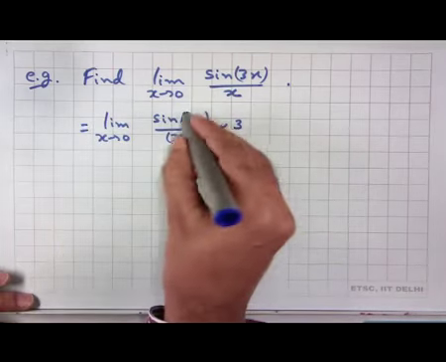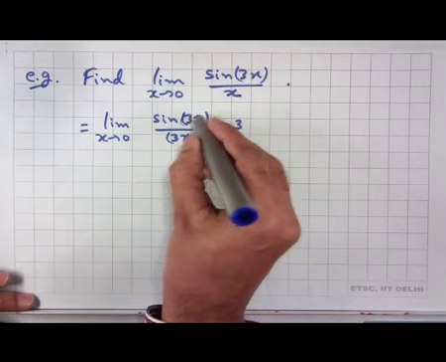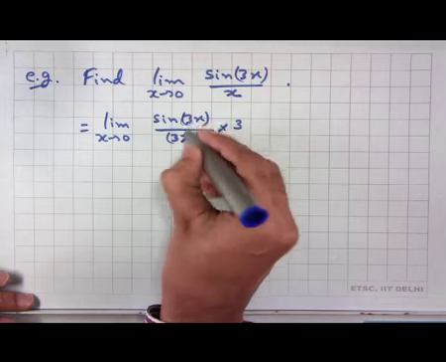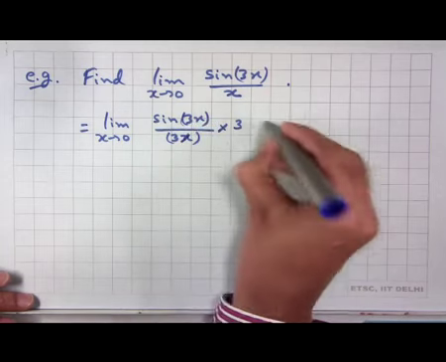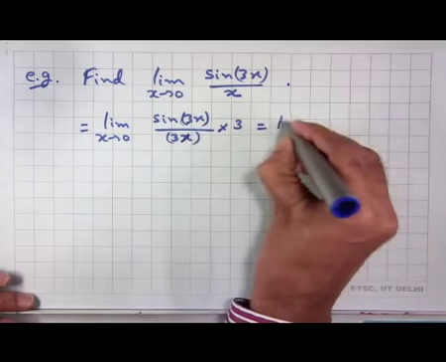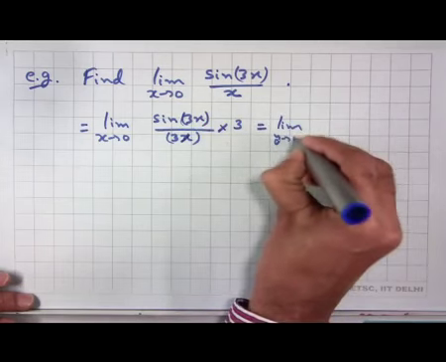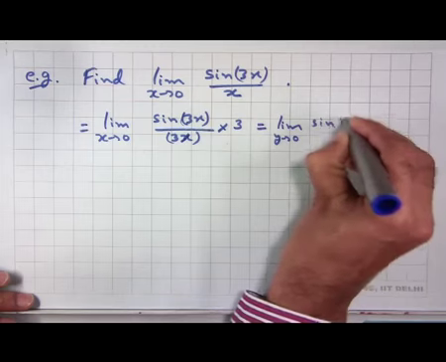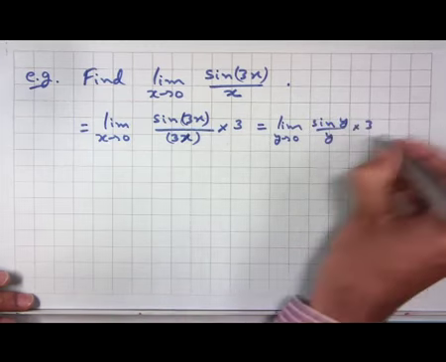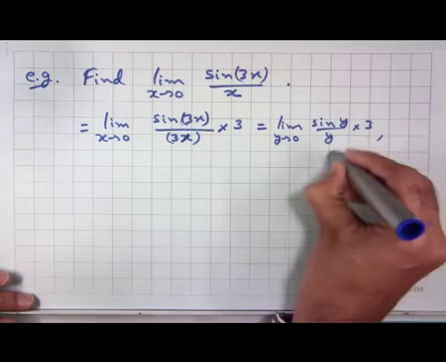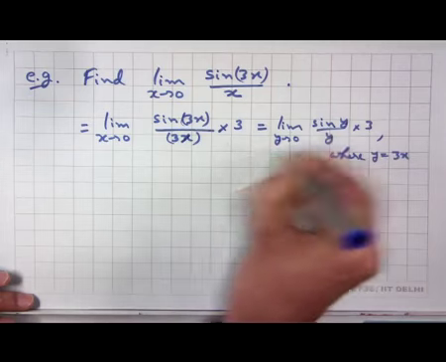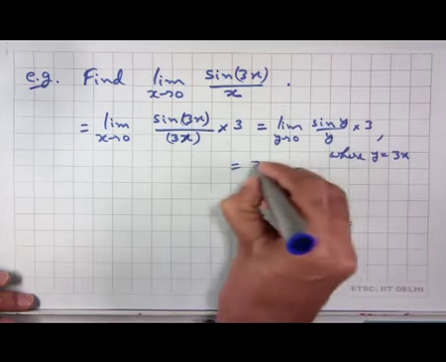So this limit is equal to this limit, and because I am dividing by the same 3x which is inside sin 3x, I can simply write, or if you want you can write one more step, this is equal to the limit of y going to 0 of (sin y by y) times 3, where y is equal to 3x, and then this is equal to 3.